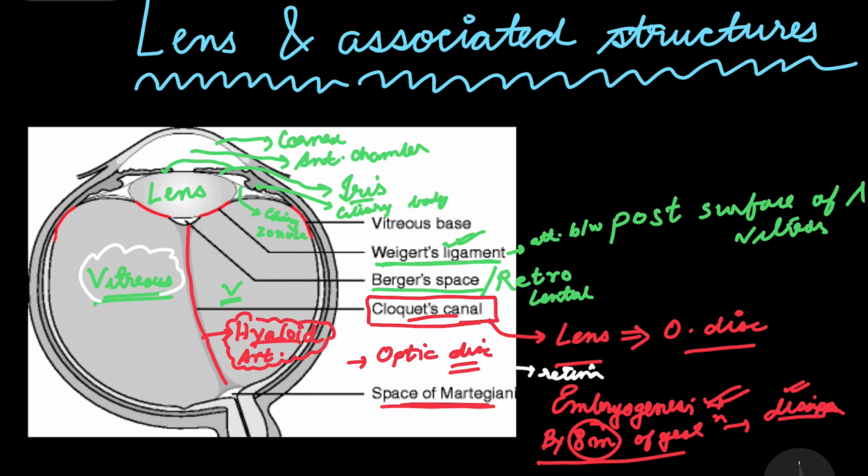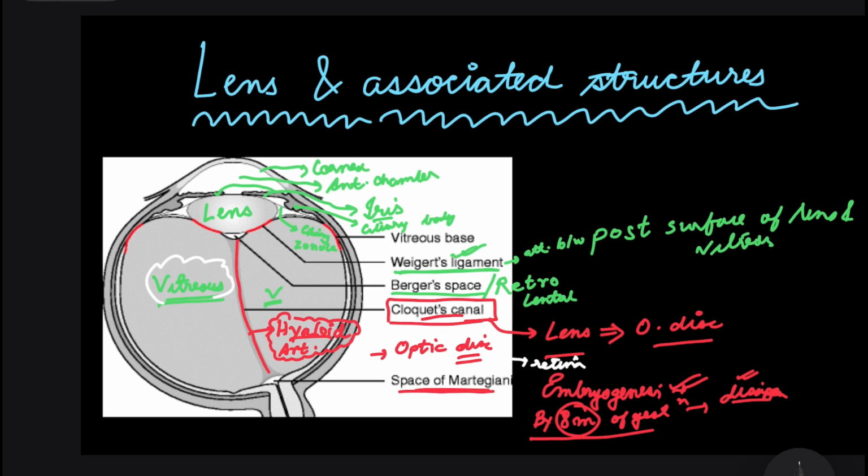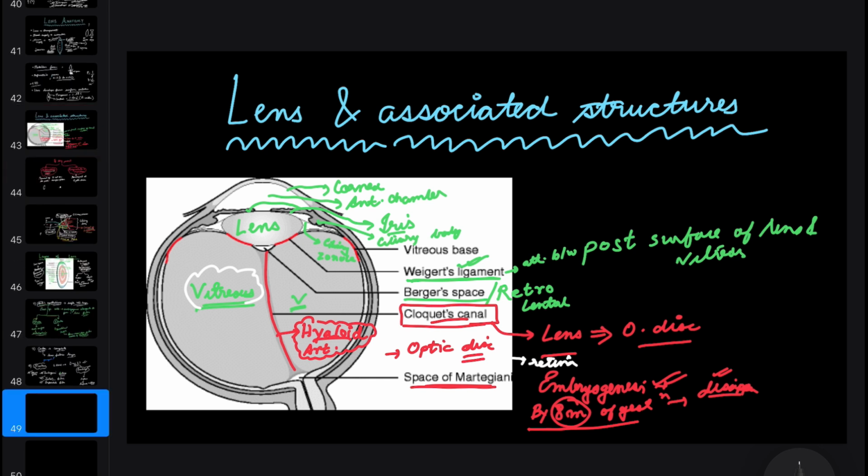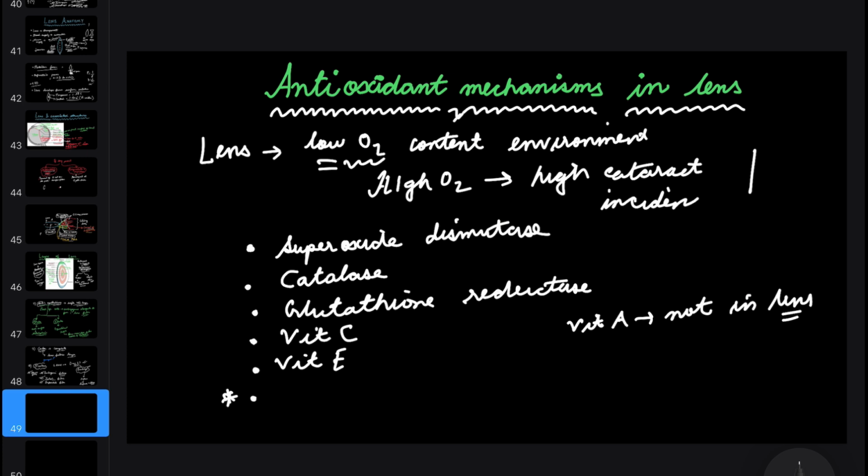The entire posterior segment present behind the lens is composed of the vitreous. Now, to bathe the lens in low oxygen content, its surroundings should also be low oxygen containing. So a very interesting thing is that the vitreous chamber also has very low oxygen content.